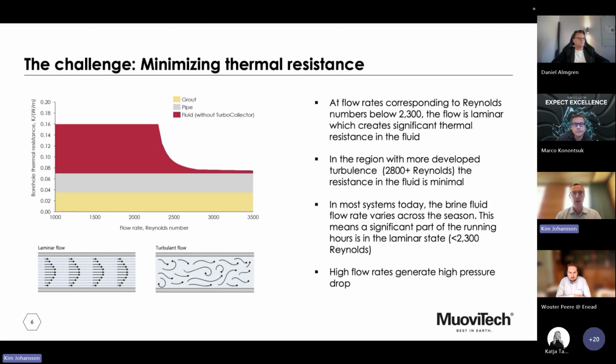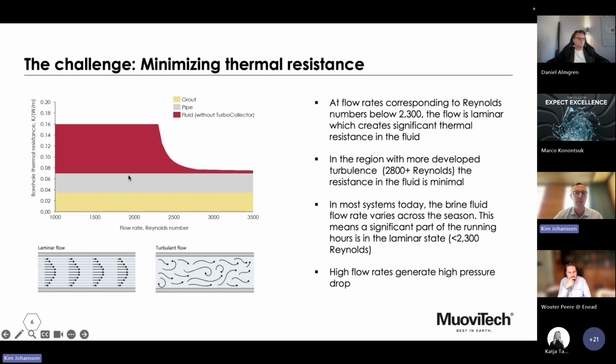But first, I will talk a little bit about the challenge, the problem that we are trying to solve with this product. In the top left, you can see one graph where we are describing the borehole resistance in comparison to the flow rate or the Reynolds number. If we are starting from the bottom, we have this yellow field, which we refer to as grout.